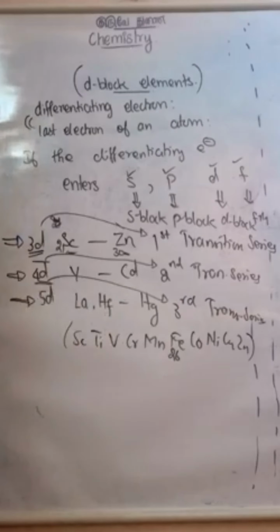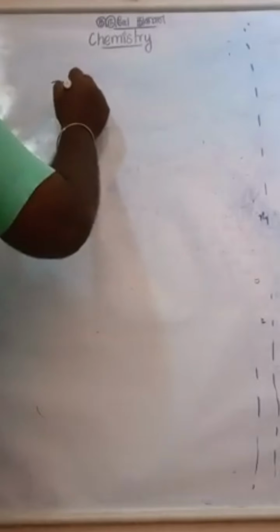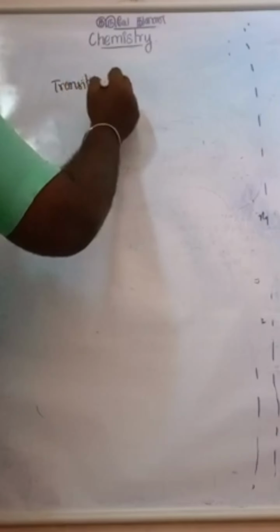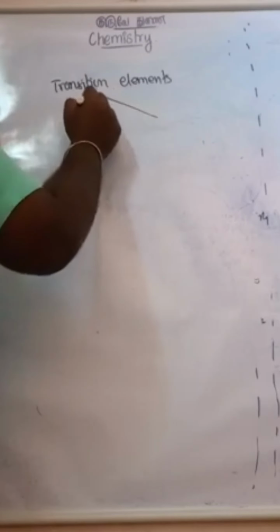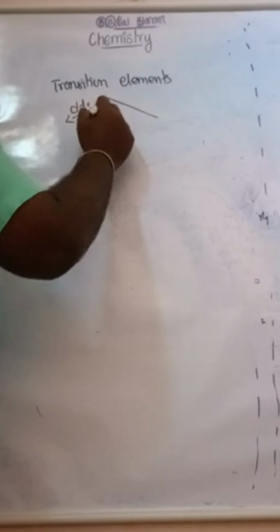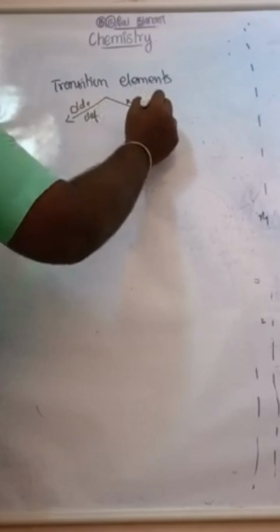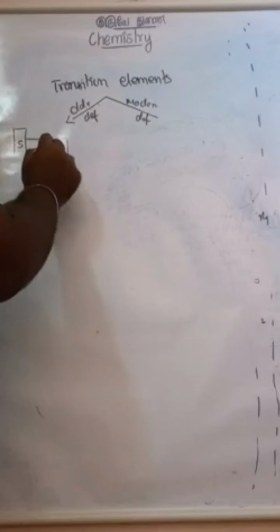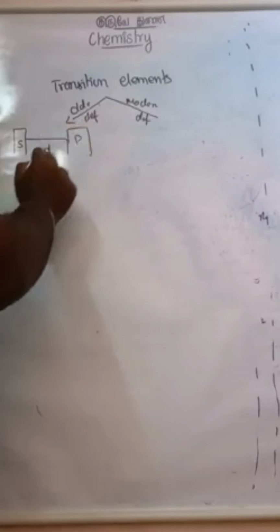Why are the elements called transition elements? Why the particular name transition series? There are two ways of defining transition elements: an older definition and a modern definition. The older definition is the elements present between the s and p blocks. In the periodic table, you remember the s block, d block, p block, and at the bottom the f block.